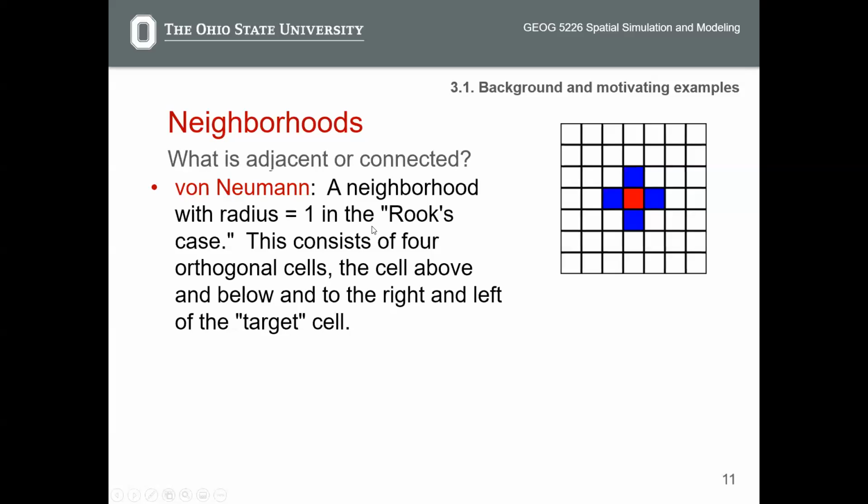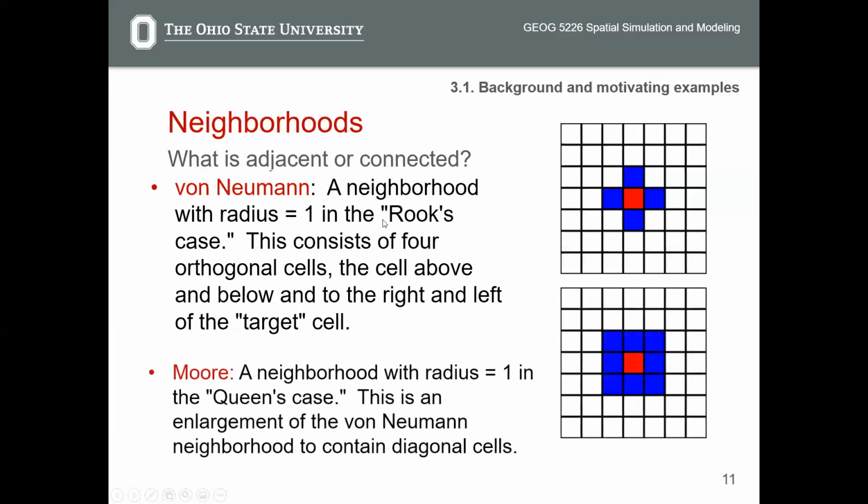So the next method seems obvious. It's called the Moore neighborhood, a neighborhood with radius equals 1. In the Queen's case, in chess, the queen can go along all 8 directions, orthogonal or diagonal. This is an enlargement of the von Neumann neighborhood to contain diagonal cells.